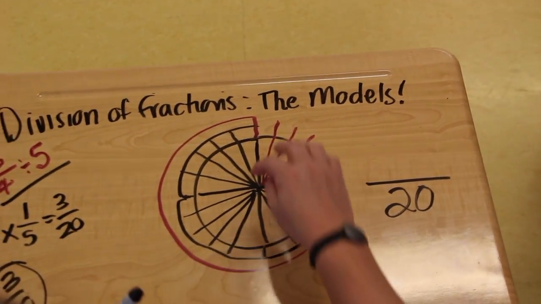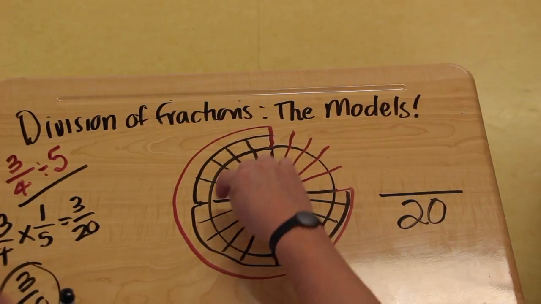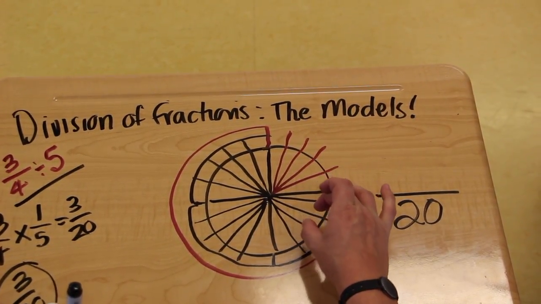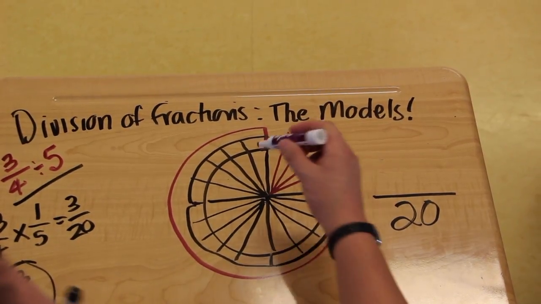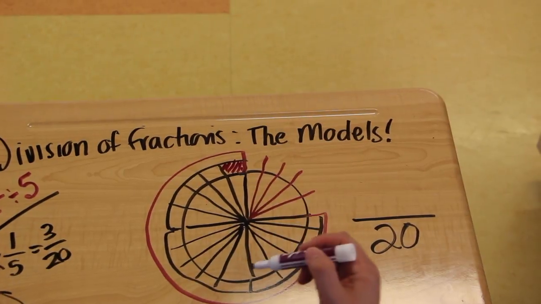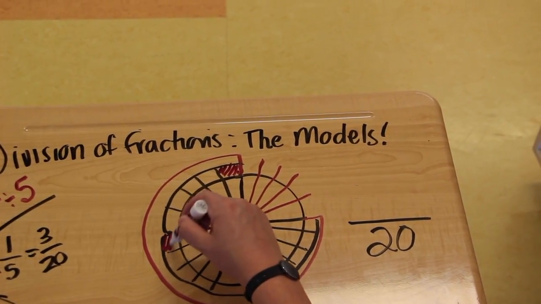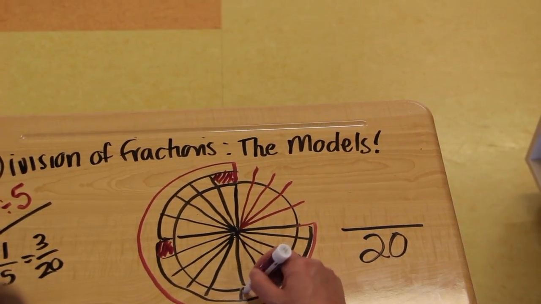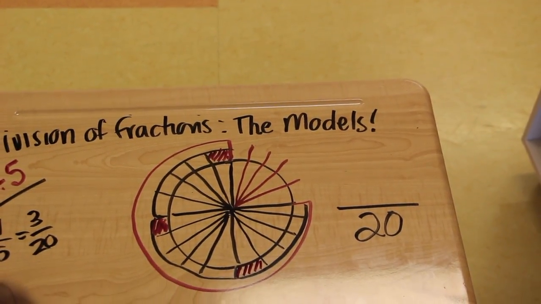What we want to do is take one piece from each of these 3 original pieces and find out what that would be. So we're going to take 1 from each one. There's 1, 2, and here's our third.